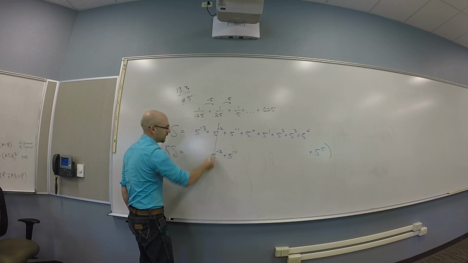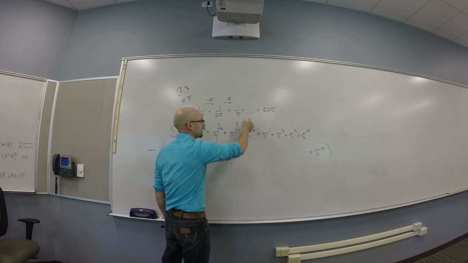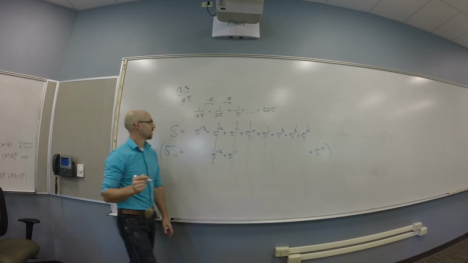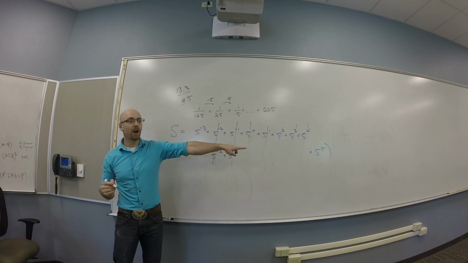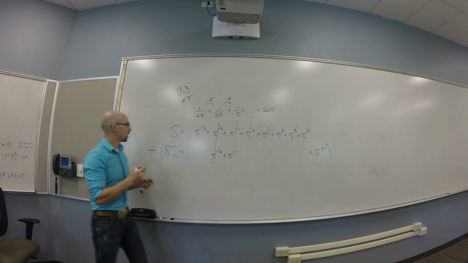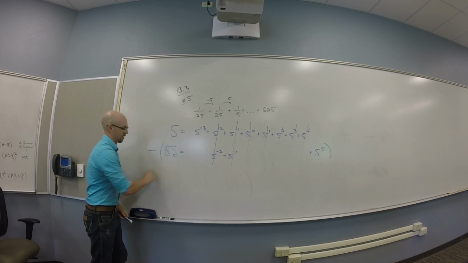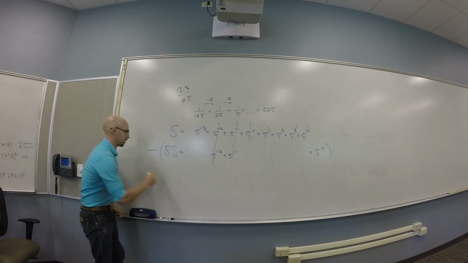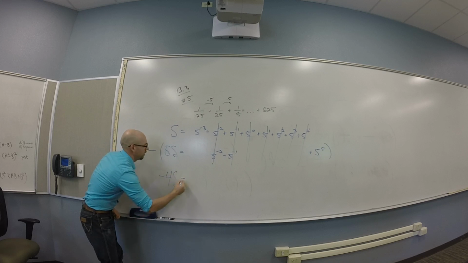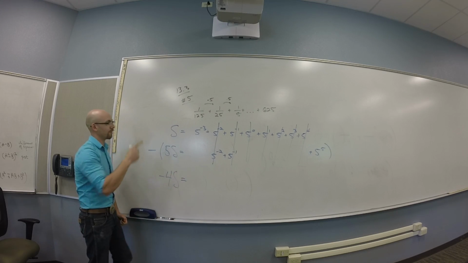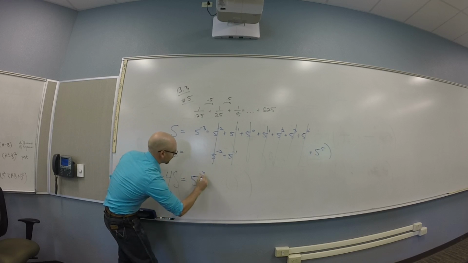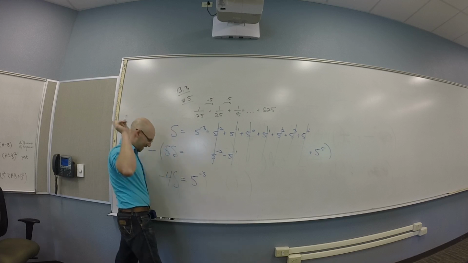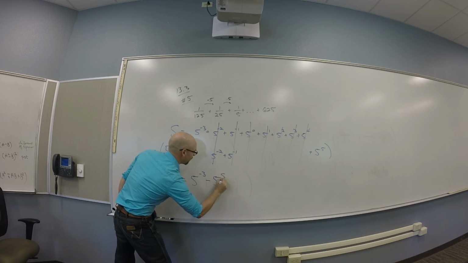This is going to cancel, and this is going to cancel, and all my powers of 5 are going to cancel except the first one, and I'll be subtracting that last one. So how many S's do I get over here? You had 1, and then they took 5 away. So there's minus 4S over here, and that's equal to the first term, 5 to the negative third, minus 5 to the 5th.